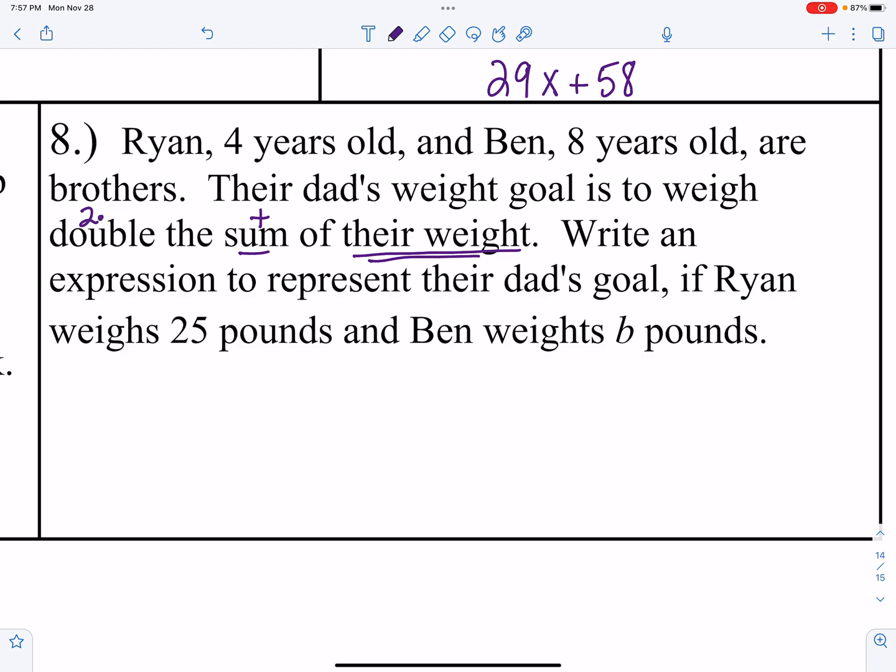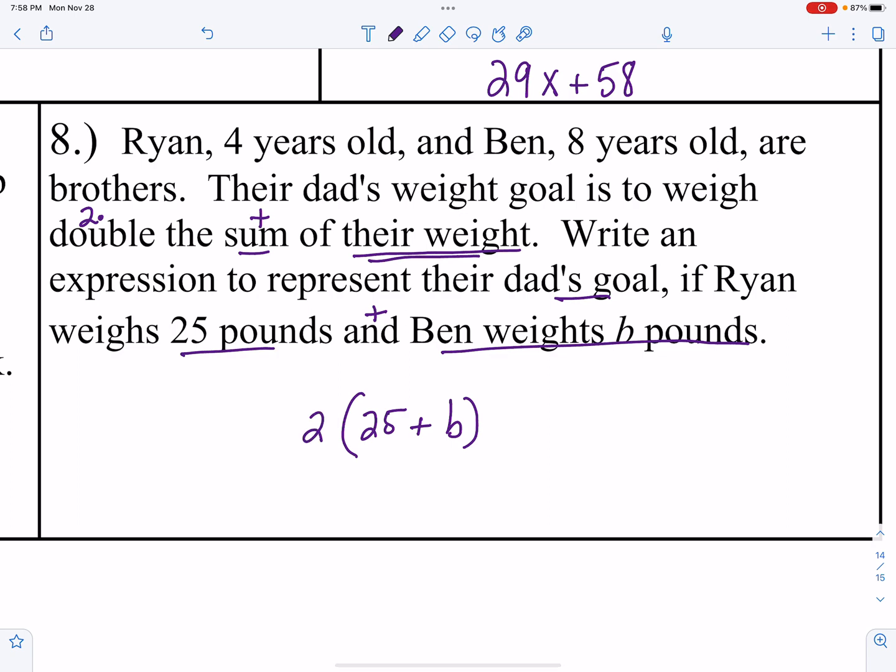Write an expression to represent the dad's goal if Ryan weighs this much and Ben weighs this much. So what is the sum of their weight? What's the single thing? It's 25 plus B. Okay, so that's the weight of the boys. The dad's goal is to weigh double that.